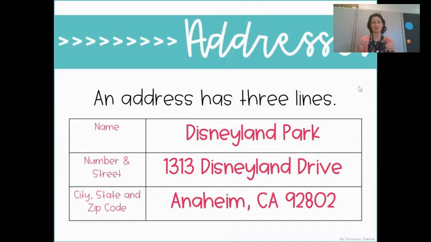Then it has the number and the street, and then the city, the state, and the zip code. You'll notice that the state in the United States is always just 2 capital letters. CA is the 2 letters for California, and for Washington State, it's WA. Every state has its own 2 letters, so you don't have to write Washington out. You can just write WA.